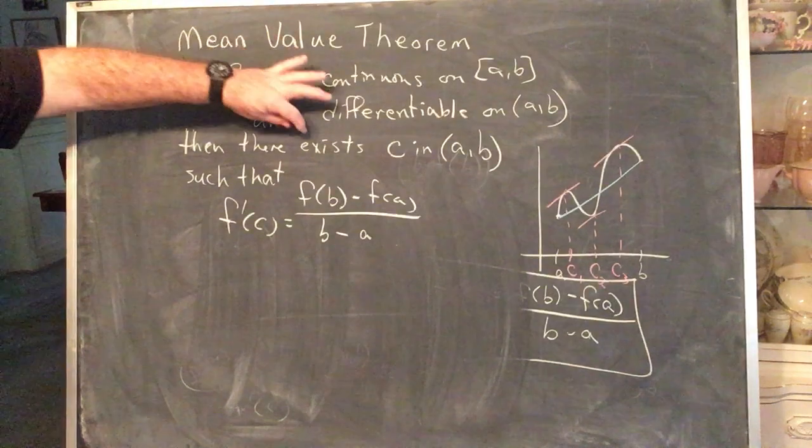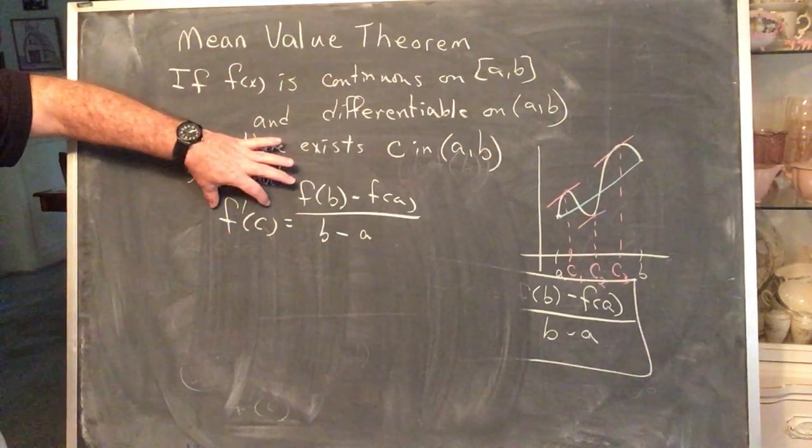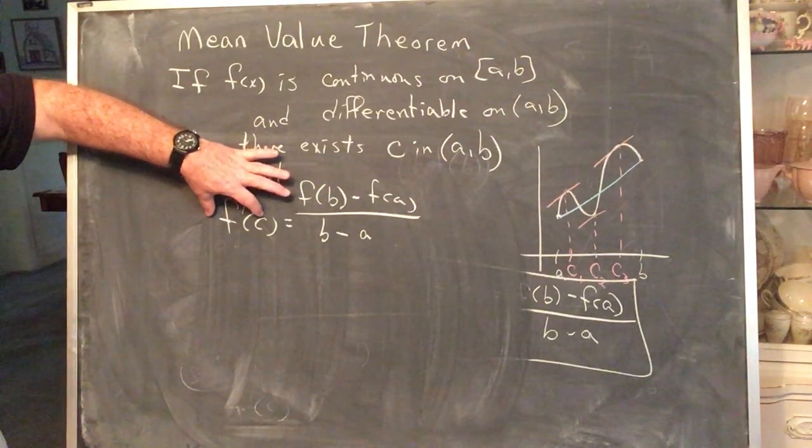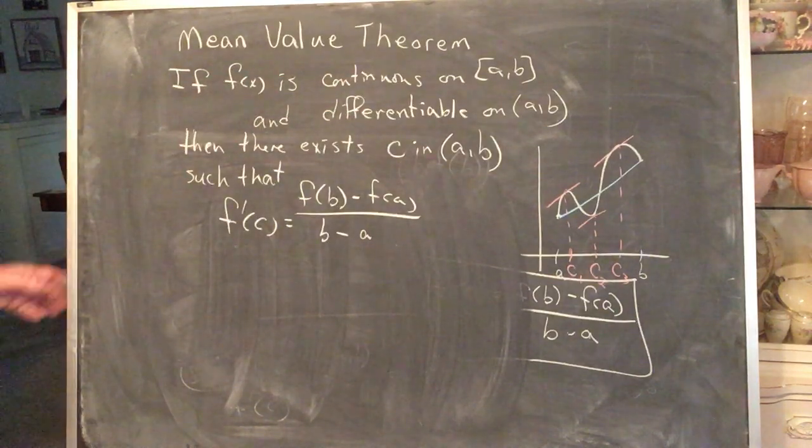What does that mean? There exists a c in the interval such that the slope of the tangent line at that value c, f prime of c, must equal the slope of the secant line.